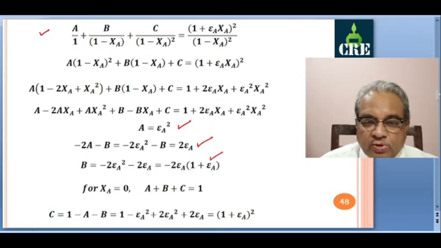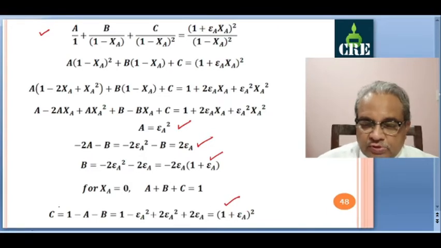So minus minus plus 2 epsilon A squared plus 2 epsilon A. So what we get, minus epsilon A squared, and 2 epsilon A. So one epsilon A squared will cancel out, and you get epsilon A squared plus 2 epsilon A plus 1, and this is written as (1 plus epsilon A) whole squared.